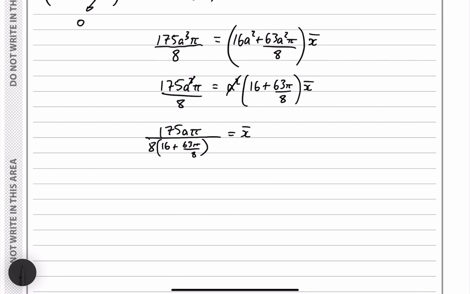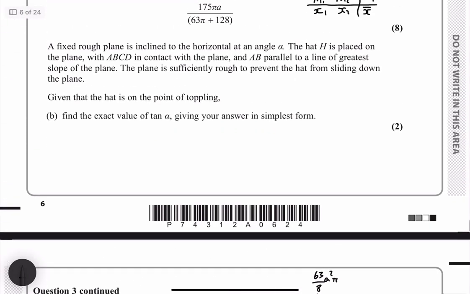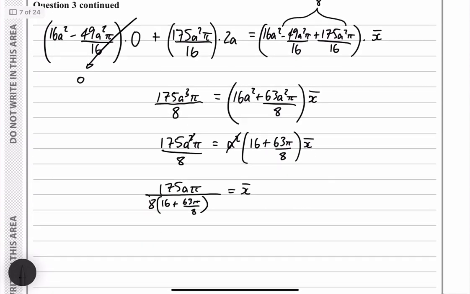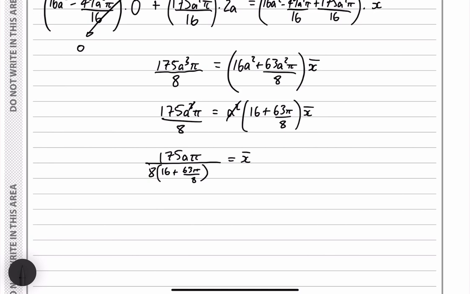So there's an answer for the center of mass, but it's given to us in a particular format, so let's just check. So we need to put that, was it an 8? Yeah, we need to put that 8 into the brackets. 8 times 16 is indeed 128, and of course that cancels with the fraction there, and that should now agree.